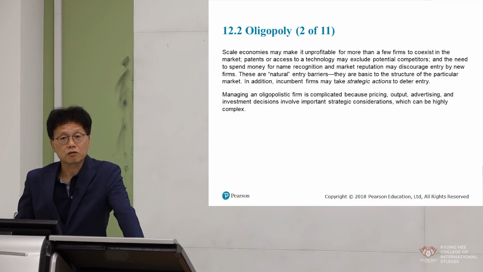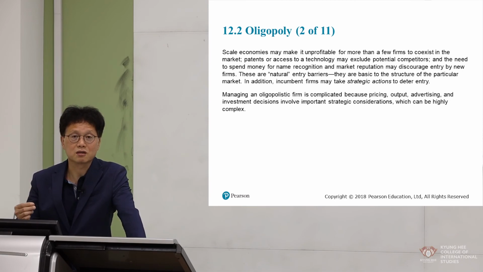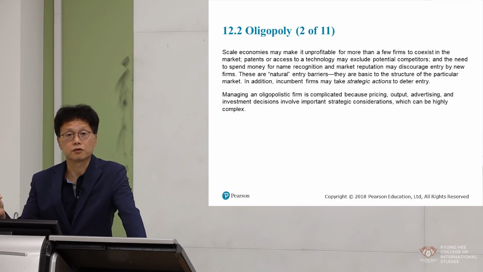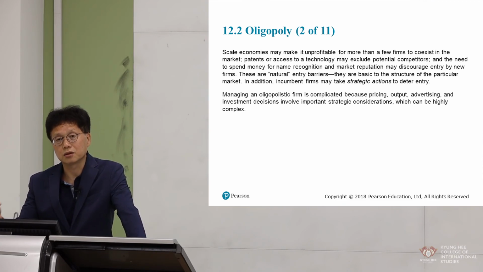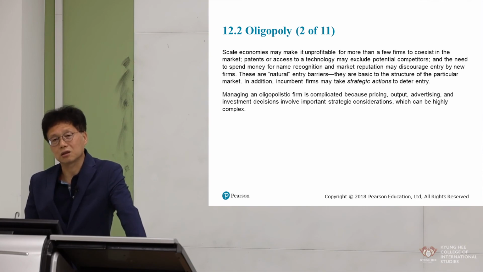Originally, the market was perfectly competitive, but after the emergence of some highly efficient, large firms, the market structure was transformed from perfectly competitive to monopoly or sometimes oligopoly. Actually, that is the result of technological change, simply talking.